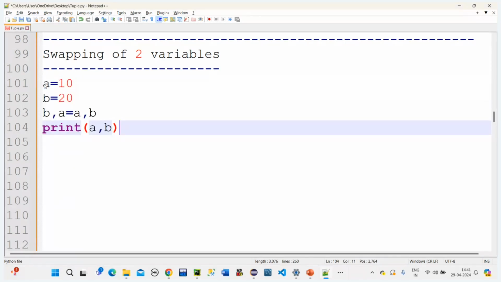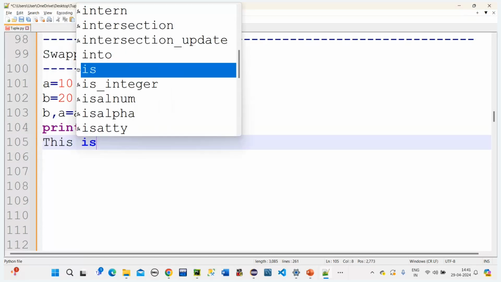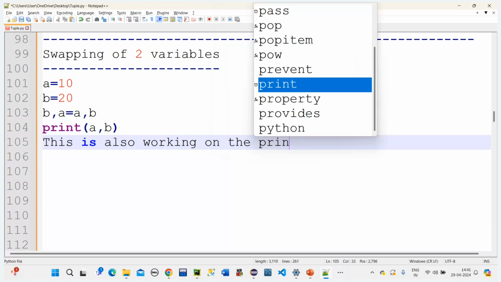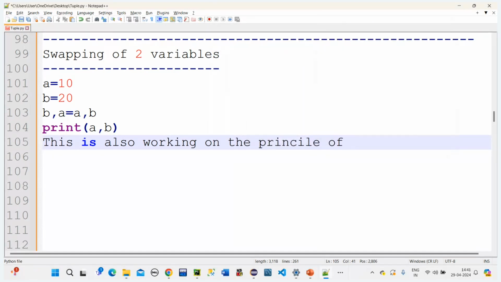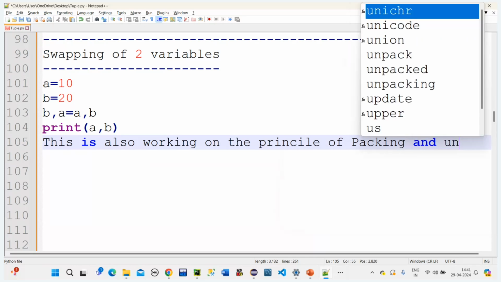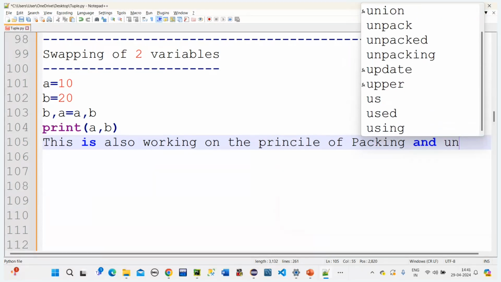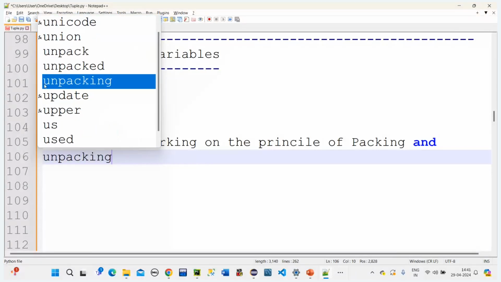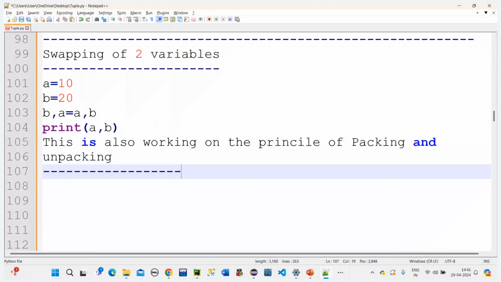Did you all understand? Yes, sir. Now here we can return multiple values, but we have not learned the functions concept, so we are skipping that.